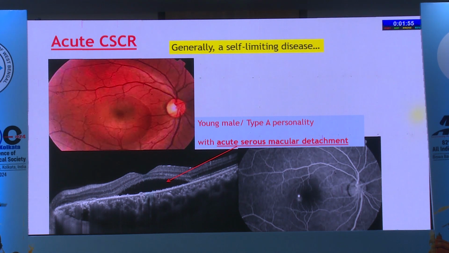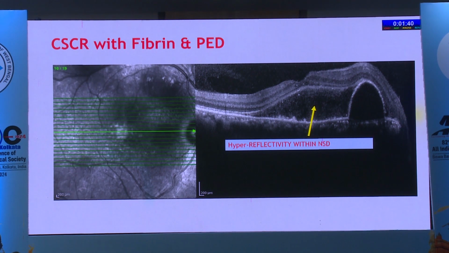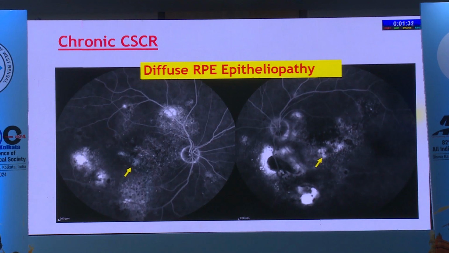As you know, you have a serous macular detachment with a point leak overlying a thick hyperpermeable choroid. So we have the more difficult variants of this disease like fibrinous variant of CSC or bullous variant of CSC with exudative retinal detachment, and this fibrin is usually appreciated by the presence of hyperreflective material in the neurosensory detachment with or without leaking pigment epithelial detachments.